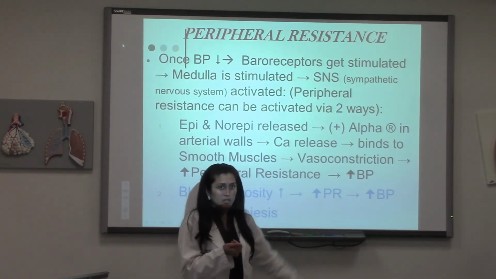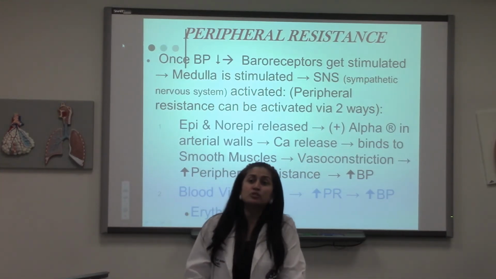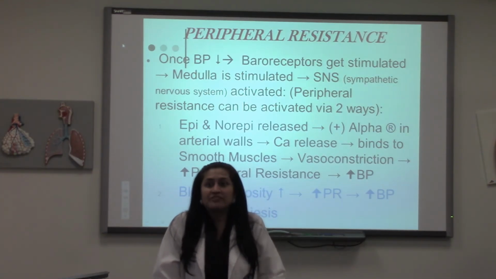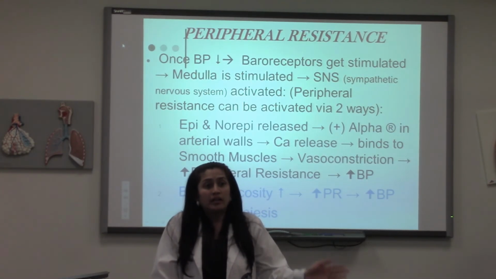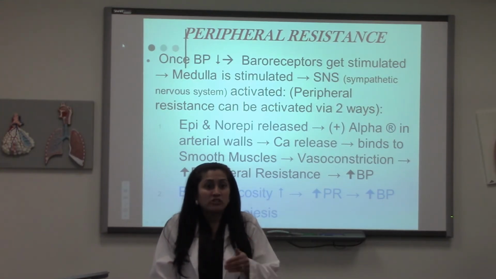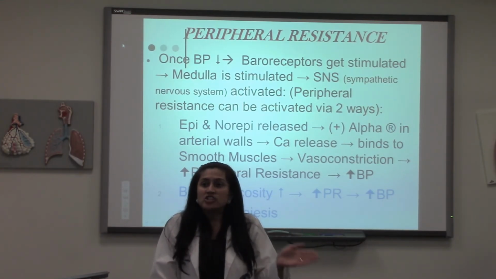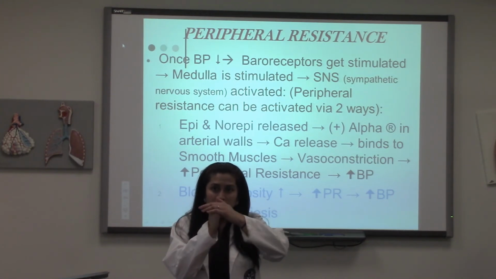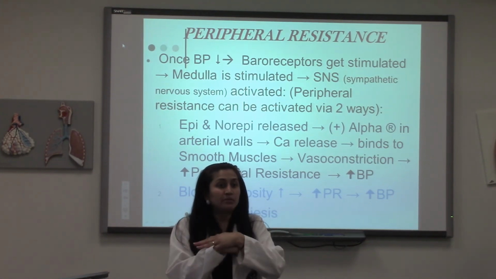Come on, you guys. What is the importance of calcium in smooth muscle contraction? It binds to calmodulin, activating calmodulin. Calmodulin now activates myosin light chain kinase. Myosin light chain kinase activates the myosin, so thick and thin filaments can bind and the sliding filament theory can occur, correct?